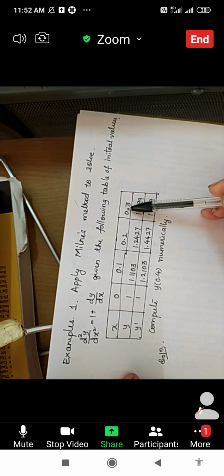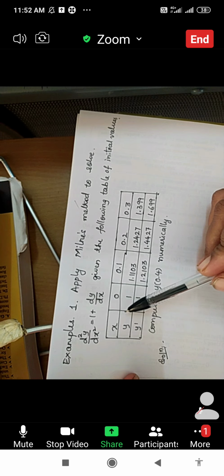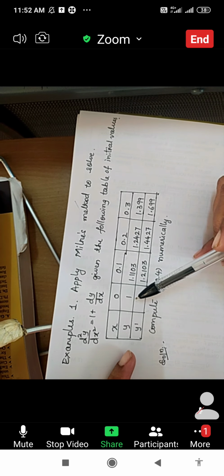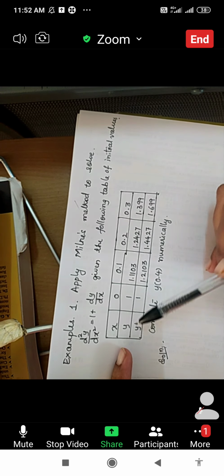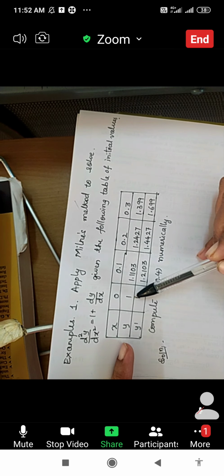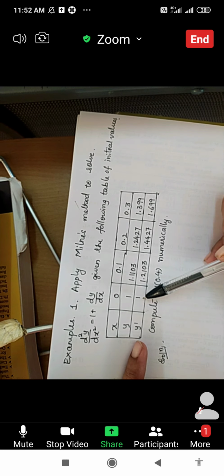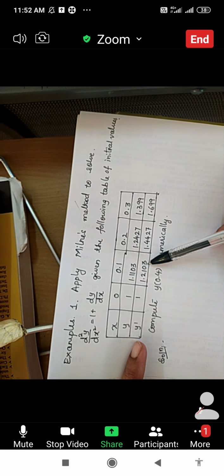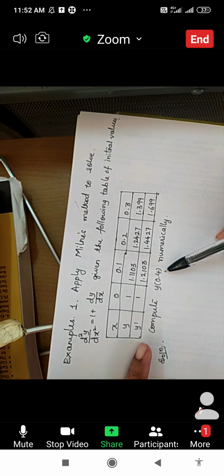So x values, y values and y dash values are given. x values are 0, 0.1, 0.2, 0.3; y values are 1, 1.1103, 1.2427, 1.399; y dash values are 1, 1.2103, 1.4427, 1.699. Compute y of 0.4 numerically.